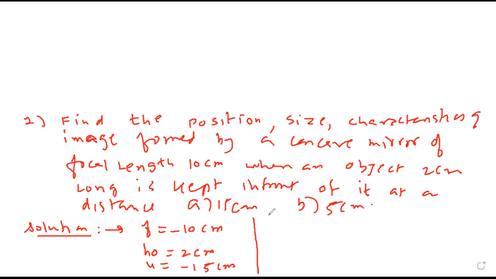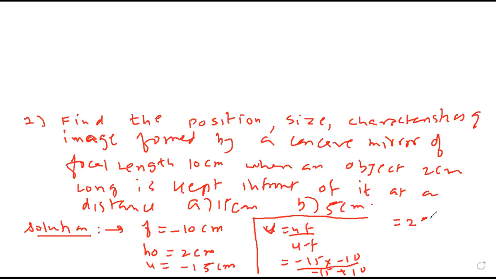How to get v now? v equals uf upon u minus f. u is minus 15 into minus 10, upon minus 15 plus 10, so equals 150 upon minus 5.